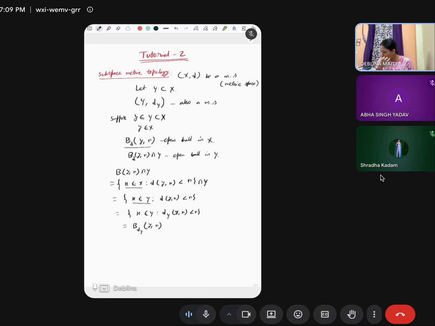This means every open ball of Y is nothing but the intersection of an open ball of X with Y, right?